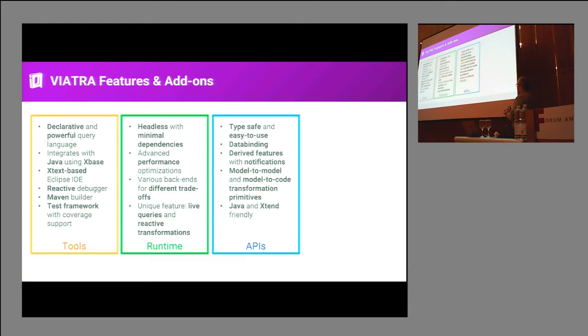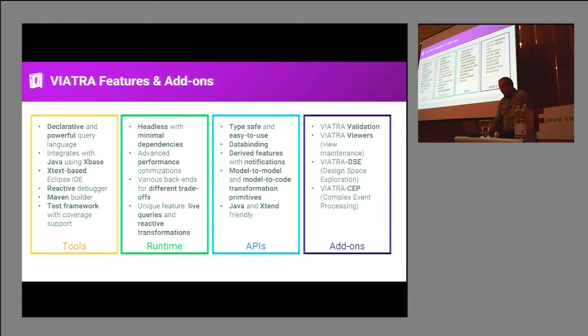There are a lot of standard APIs that you can use to make use of these reactive transformations and the incremental queries. And finally, on top of all of this, VIATRA also contains some larger features which we call add-ons that provide additional functionality such as view maintenance, a validation framework, design space exploration, which is a multi-objective optimization tool based on model transformations, and we even have a complex event processing engine.